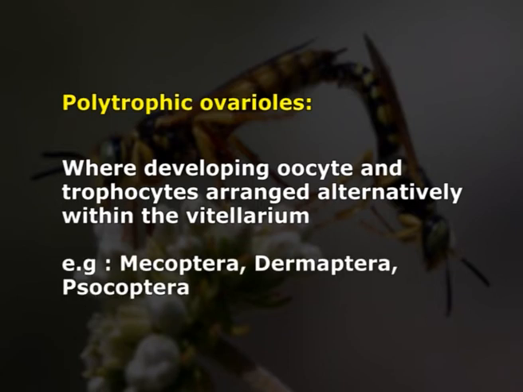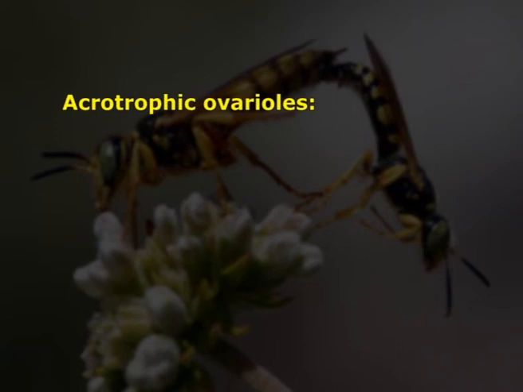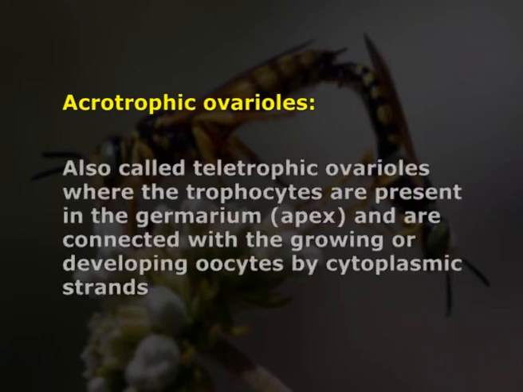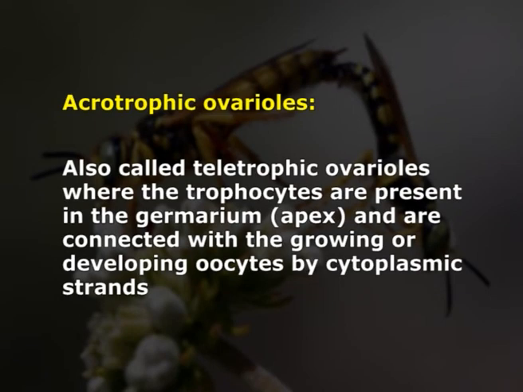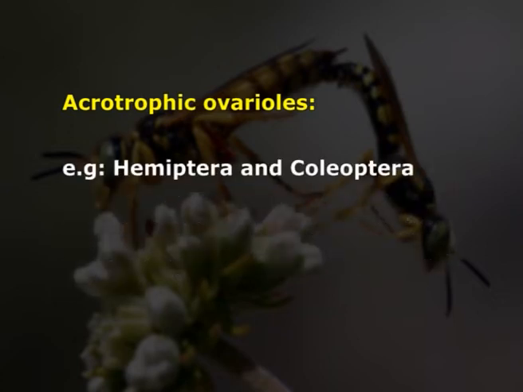Example, Mecoptera, Dermaptera, and Siphonaptera. Acrotrophic ovarioles, also called telotrophic ovarioles, where the trophocytes are present in the germarium or apex and are connected with the growing or developing oocytes by cytoplasmic strands. Hemiptera and Coleoptera are examples.